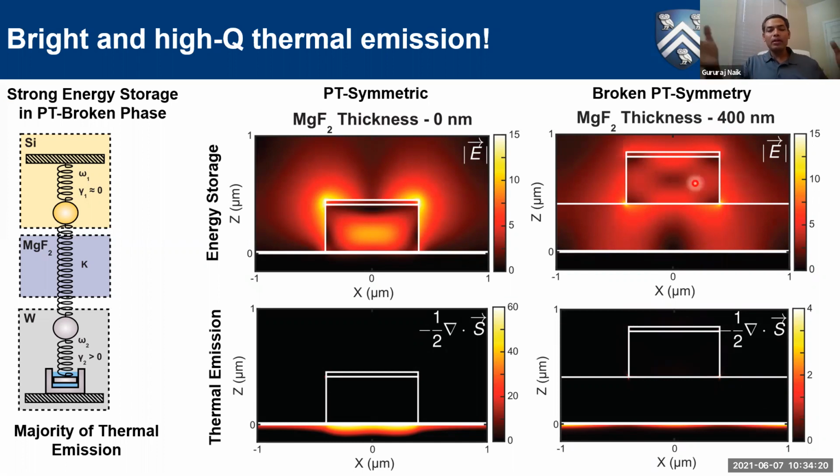It's the photonic mode of silicon which stores all these photons and then gives very high Q factors. But in the PT symmetric regime, that is the strong coupling regime, both photonic and plasmonic modes share the energy storage, and hence we don't get a great benefit in terms of Q factor.